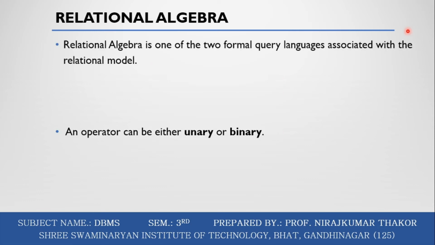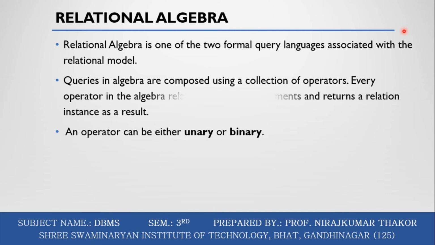Now the relational algebra. Relational algebra is one of the two formal query languages associated with the relational model. Queries in relational algebra are composed using a collection of operators. Every operator in the algebra accepts relation instances as arguments and returns a relation instance as a result. An operator can be either unary or binary.